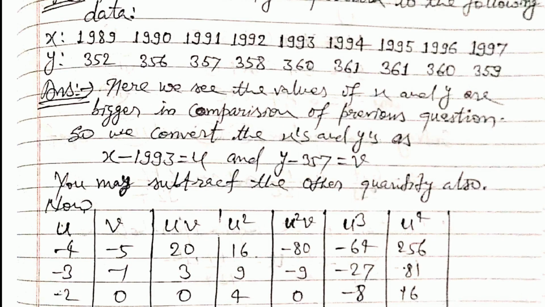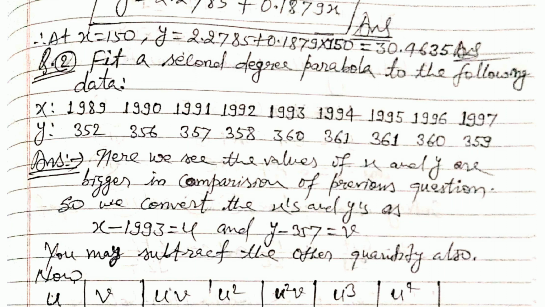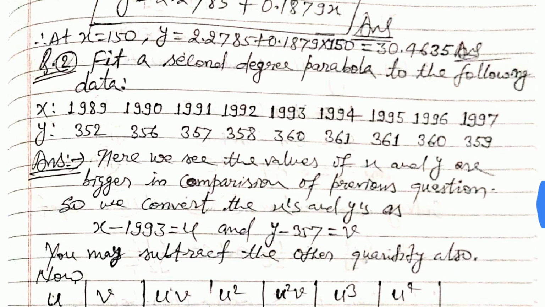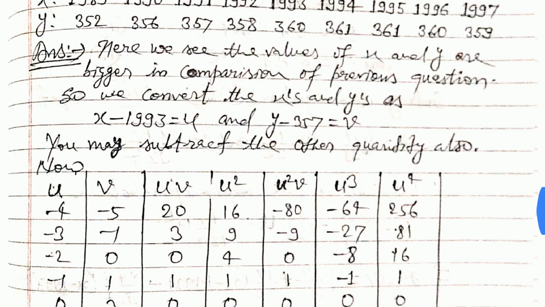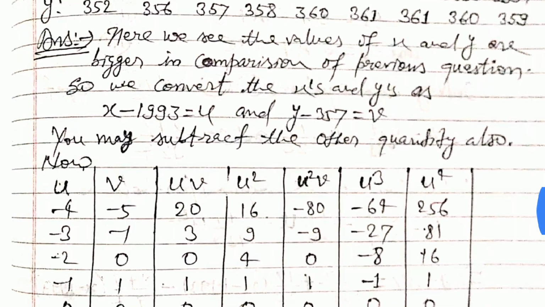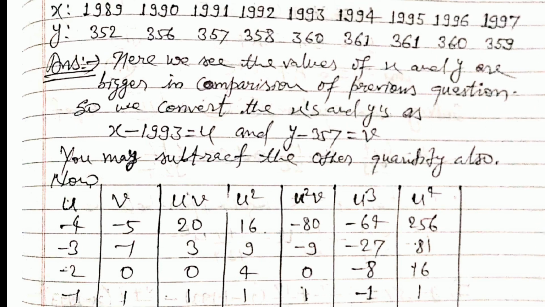What we do in this question differently from the first question is that the values of x and y are so big in comparison to the first one. If you want, you can proceed as in the first question, but the data is a little bit heavy, so we use another variable for the given two variables.